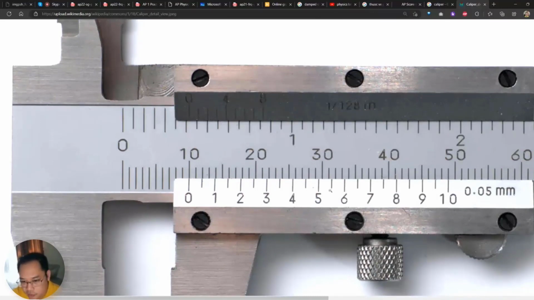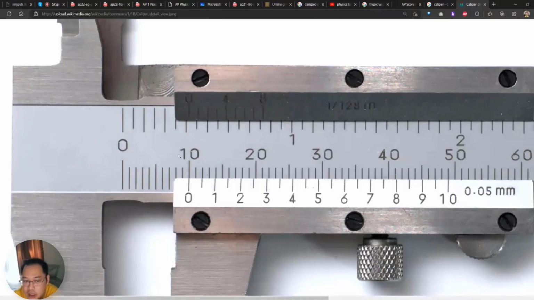For the next step, we need to find the two bars that are on the same line: the bar on the top and the bar on the glider, the moving part. Here they are almost the same, but here it's better. And it is 10 times 0.05 millimeter more. 10 times 0.05 means 0.5, and you add that 0.5 to the value 10.